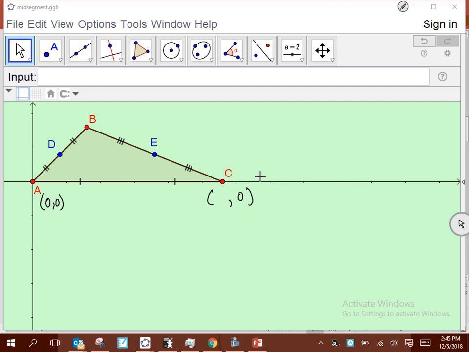That makes sense to everybody? Because it's on the x-axis, everything on the x-axis has a y-coordinate of 0. Now, you said 10, right? If you want that to be 10, that's fine. But somebody that let it be 12 would have the same conclusion. Somebody that let it be 215 would have the same conclusion, right?